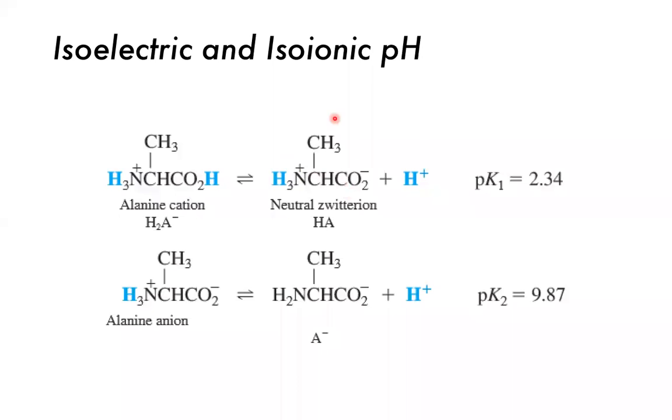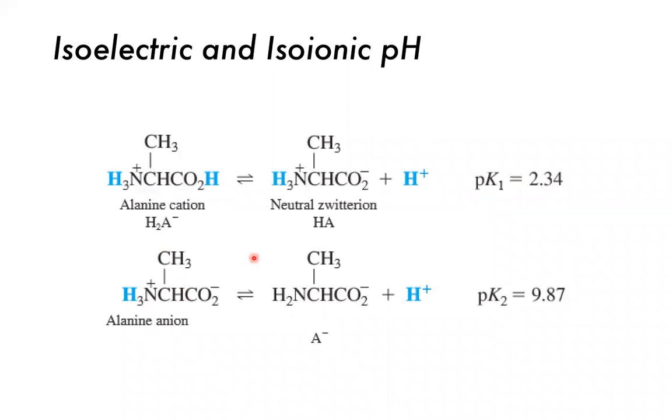So even though this ion is charged, it is formally neutral because it contains one positive charge and one negative charge, which will neutralize each other, plus the proton, obviously, which has been dissociated from the carboxylic acid group. So this is at this pKa.